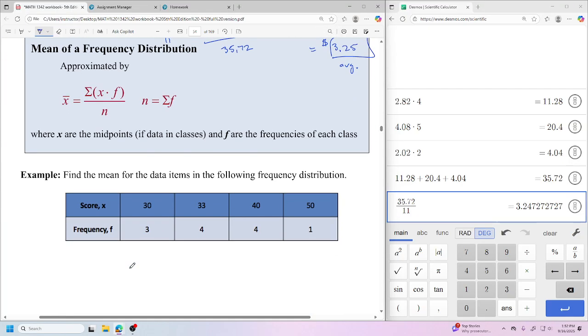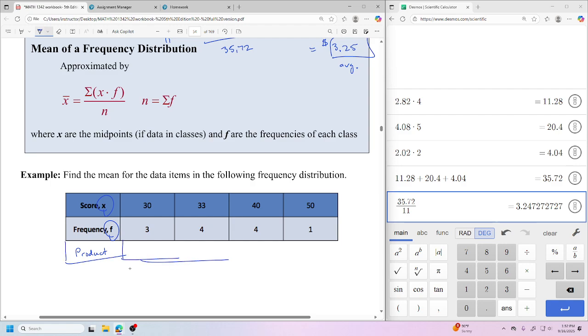It says find the mean, we can actually do this one very quickly. You see, they even have the X and the F, like I was mentioning earlier. So what we're going to do is we're going to multiply it. And then we're going to add up our columns. So notice it's horizontal. It's all the same, right?